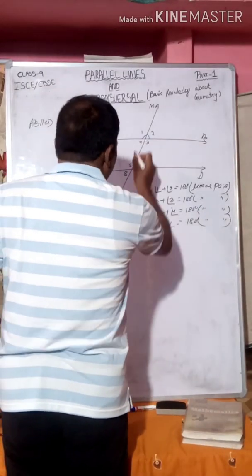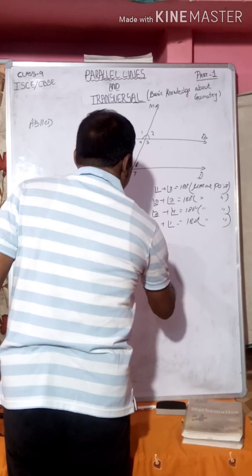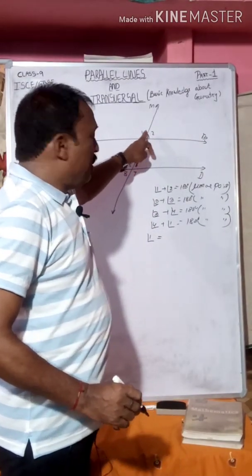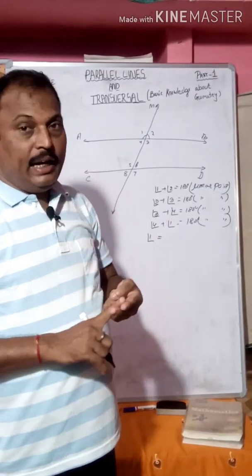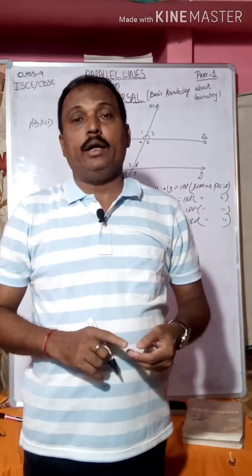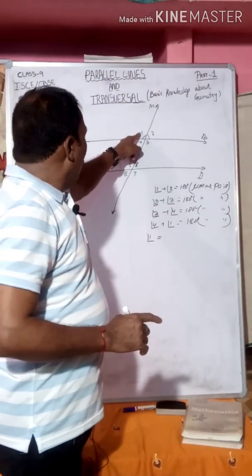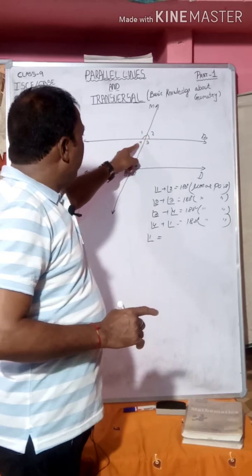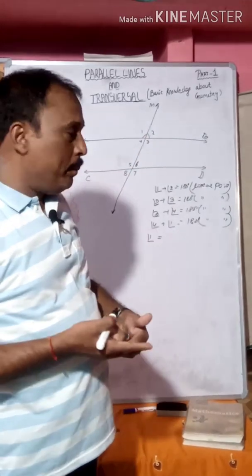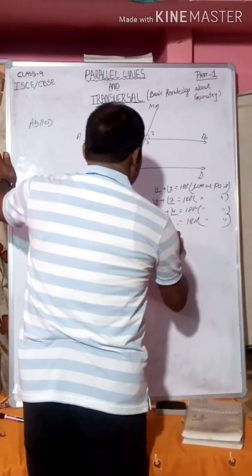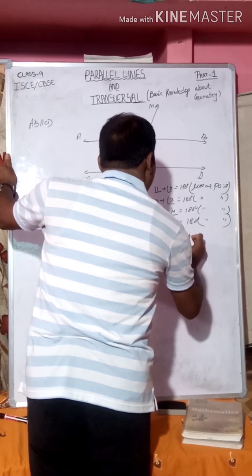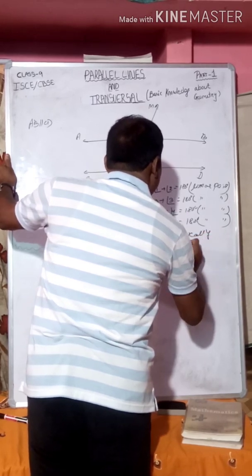Now I write the vertically opposite angles. Angle 1 is equal to the angle which is not adjacent to angle 1, that is the opposite angle, and that opposite angle is called the vertically opposite angle. Angle 2 is adjacent and on the left side 4 is adjacent, 3 is not adjacent to 1. So angle 1 is equal to angle 3, that is vertically opposite angle.